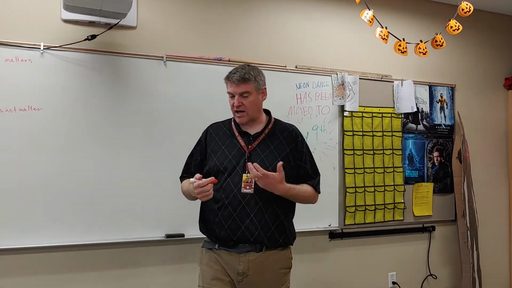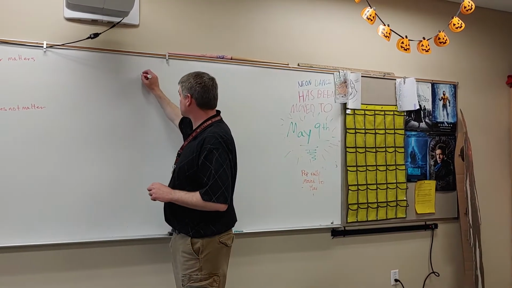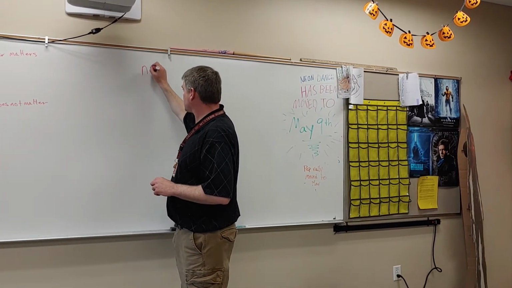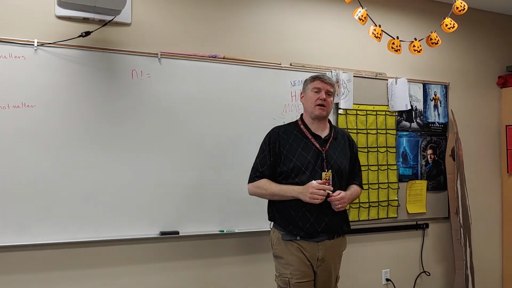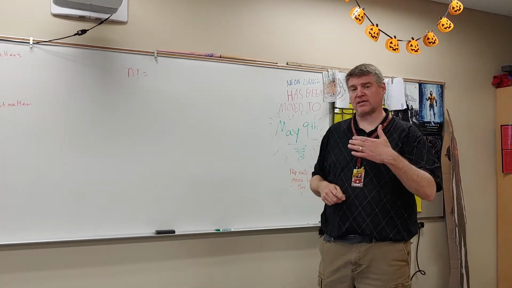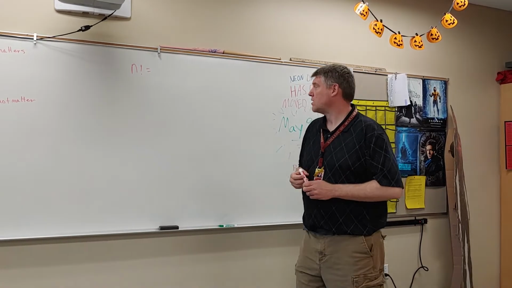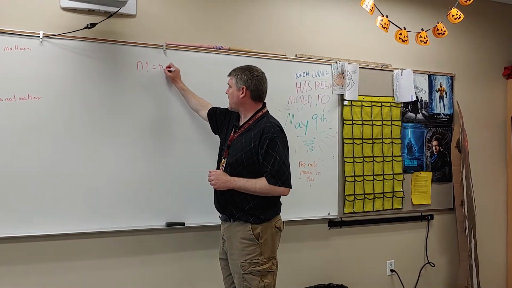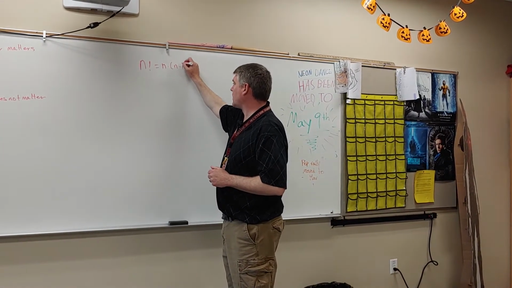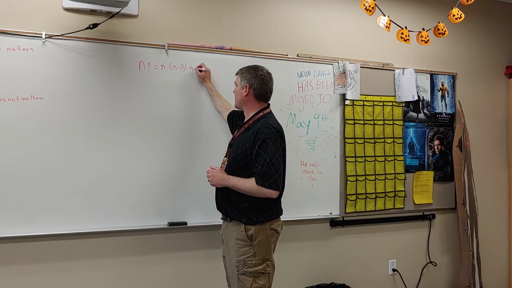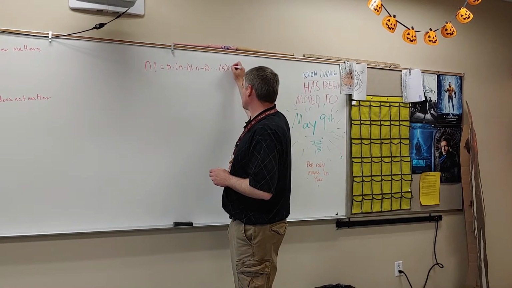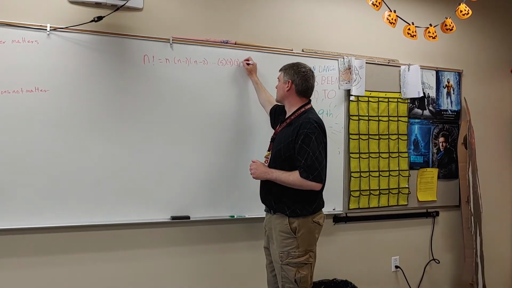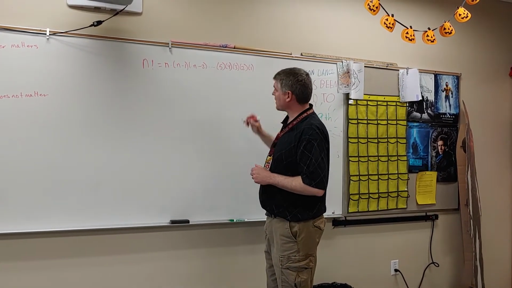What we're going to talk about next is factorials. This is called a factorial. What a factorial does is it takes the number and multiplies it by each preceding number. So this is n times n minus 1 times n minus 2, all the way down to 5 times 4 times 3 times 2 times 1.